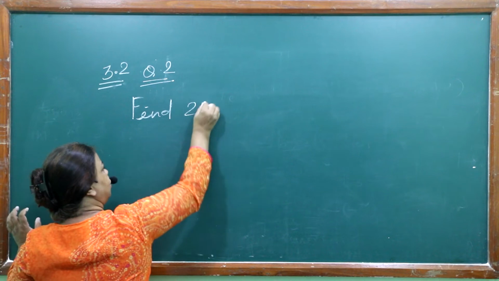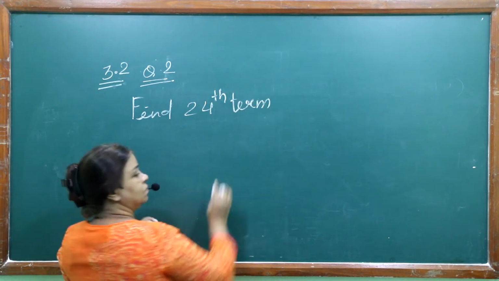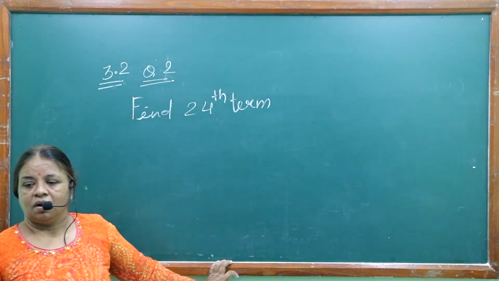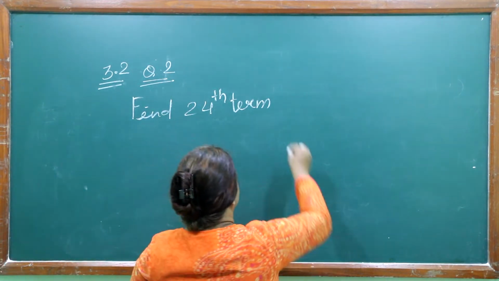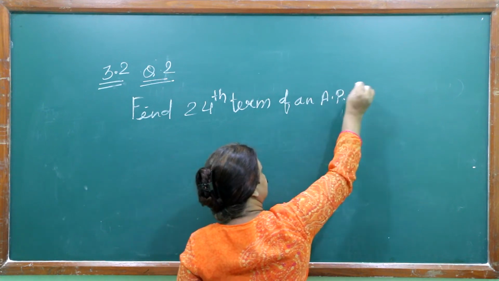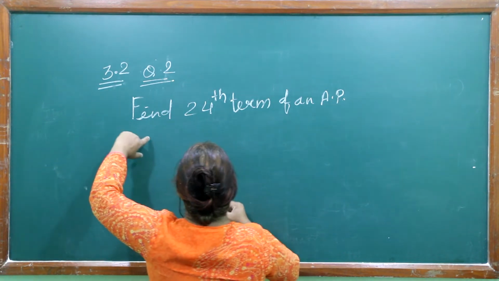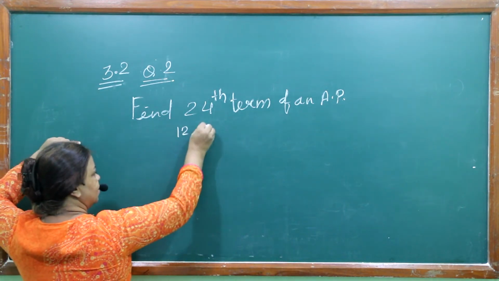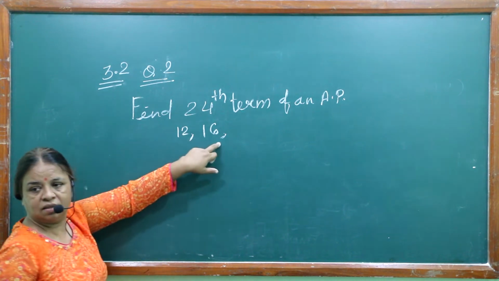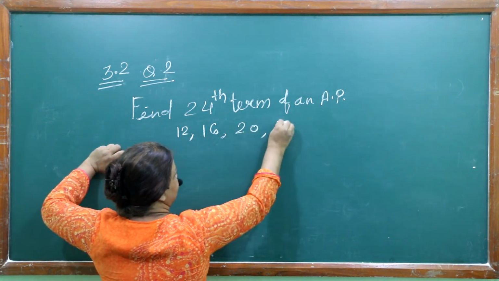Find the 24th term of an AP, and the AP is given: the sequence is 12, 16, 20, 24.